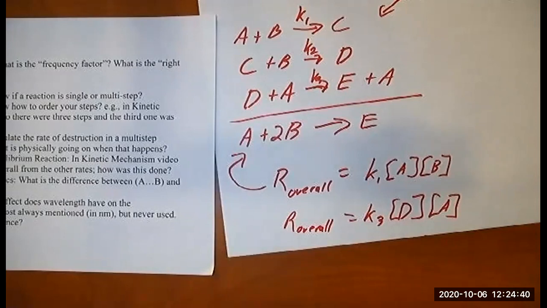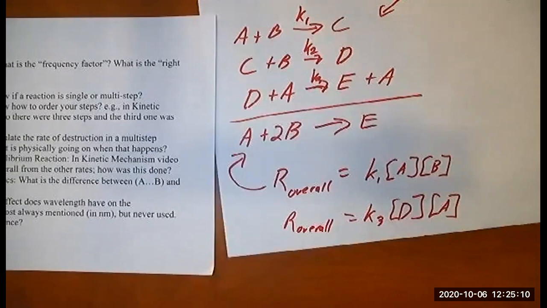Now, I do not expect you to be able to look at a reaction mechanism and be able to somehow intuit which step is rate determining, or whether you would need to use the steady state approximation versus the pre-equilibrium approximation. I don't expect you to be able to just look at it and know that, because there's a lot of chemical intuition that goes into those kinds of determinations.